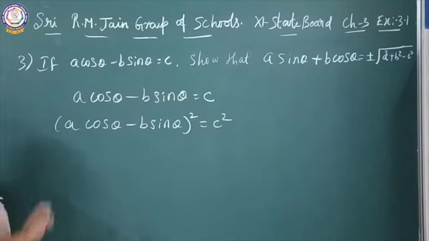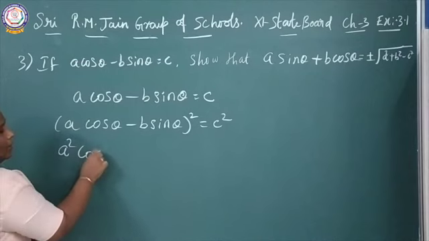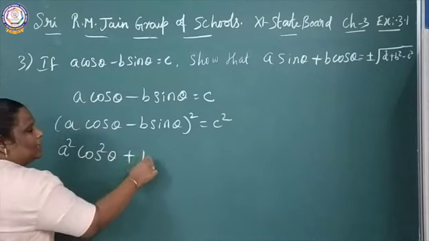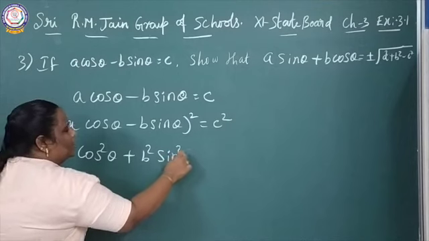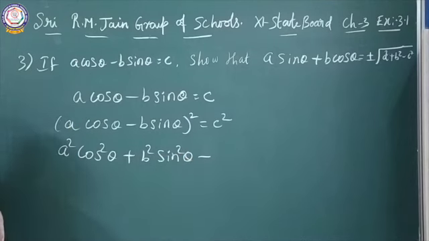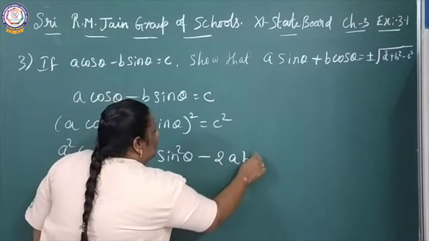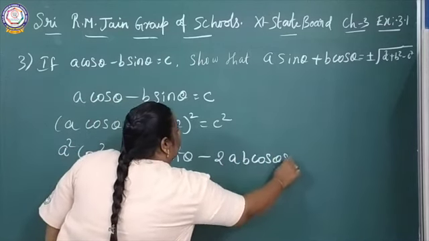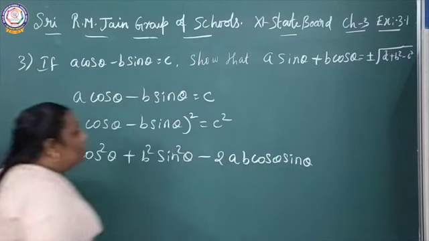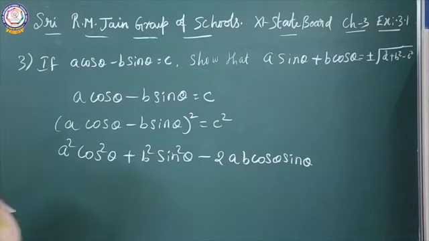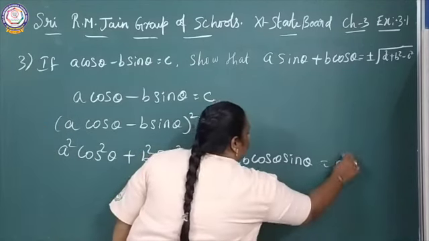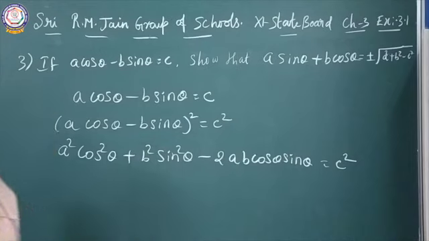A minus B the whole square formula: A square plus B square minus 2AB cos theta sin theta equal to C square.